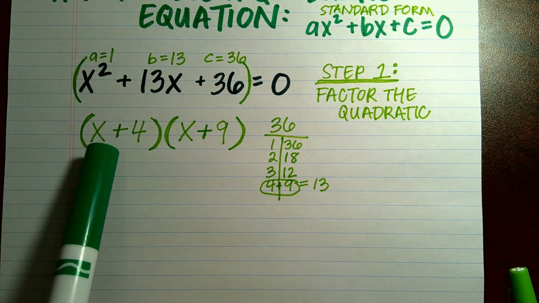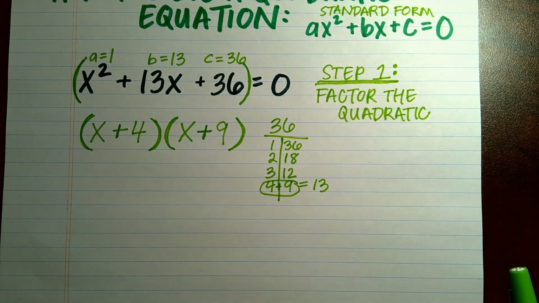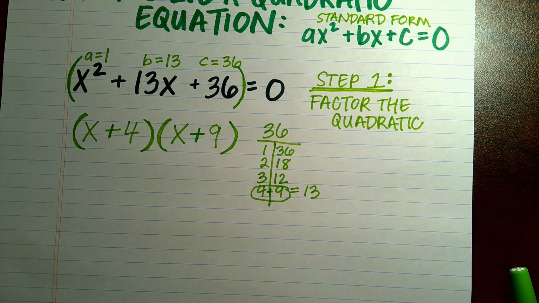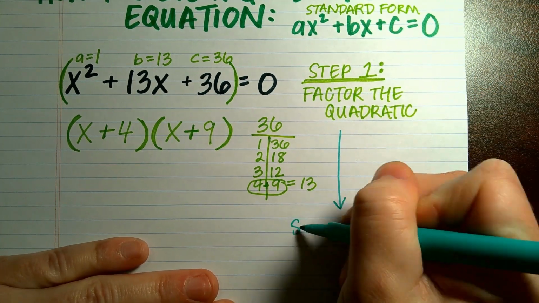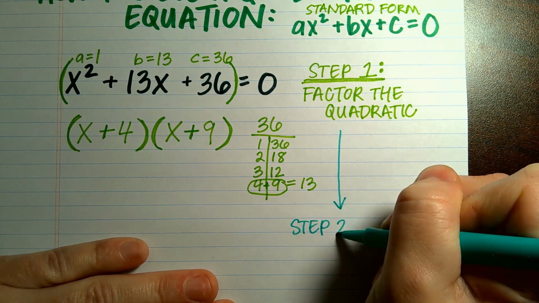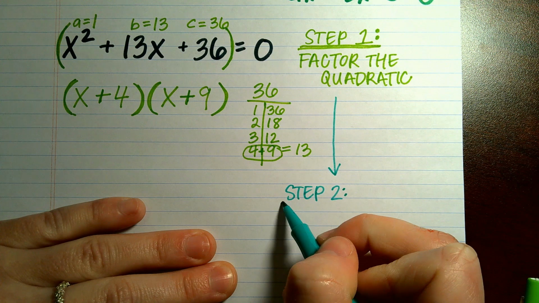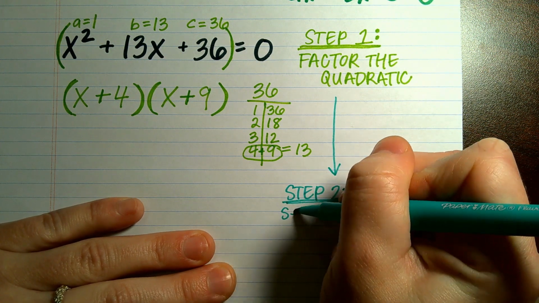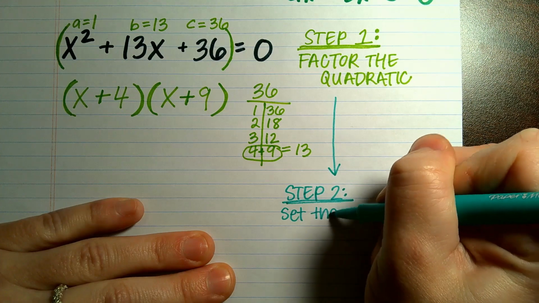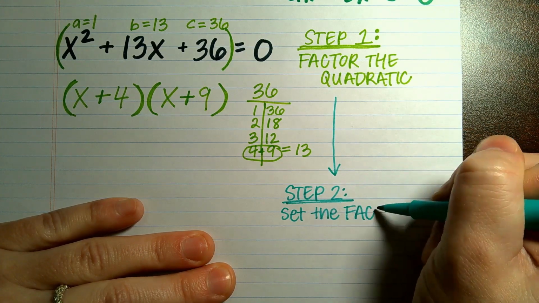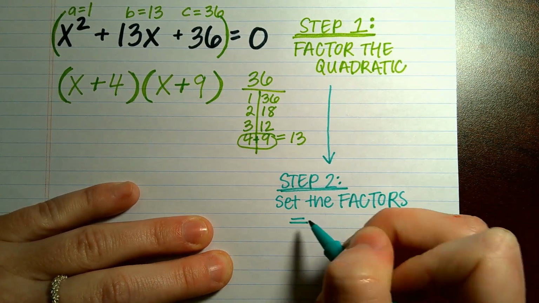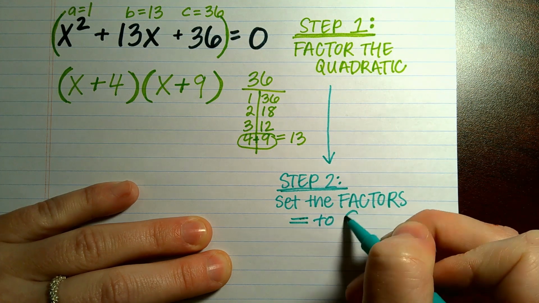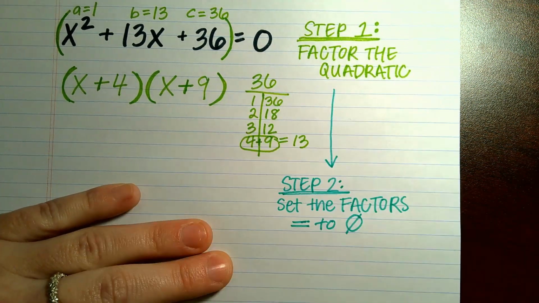So we're going to set both of these equal to 0 so that we don't have to mess with the x squared anymore. So step 2: set the factors equal to 0.